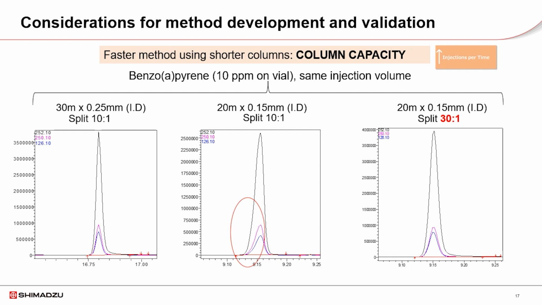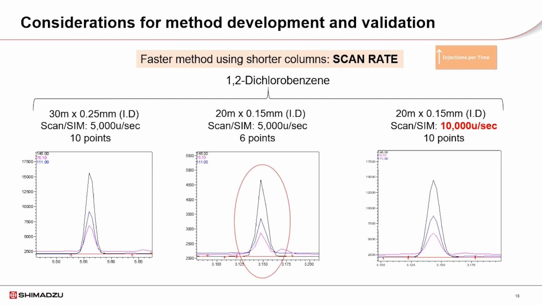The next point to take care of using a faster method is peak points. It means the scan rate. A fast method compresses everything into a short time, so peaks will be sharper and the chromatography poor if we use the same scan rate as the conventional method.